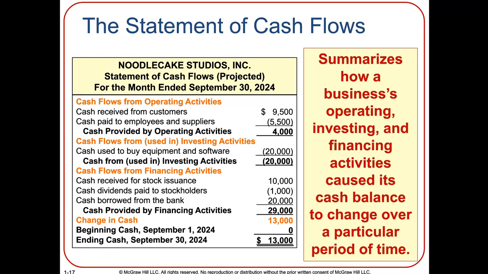If we pay back the principal of a loan, we've got a cash decrease in financing activities. You with me? Okay. Now, be careful though, interest is actually reflected up here on the income statement. So any interest payments to the bank would be up here, not down here. This is only principal.